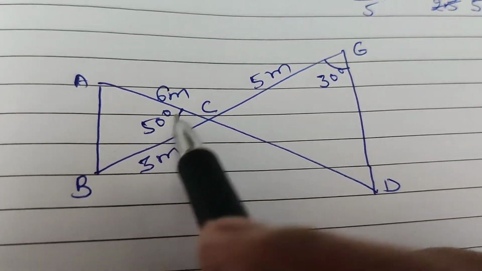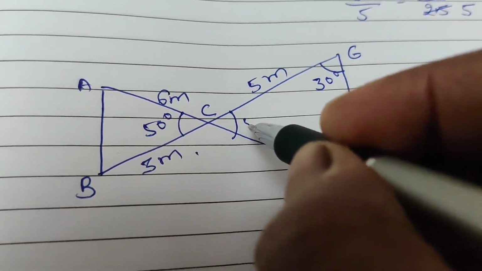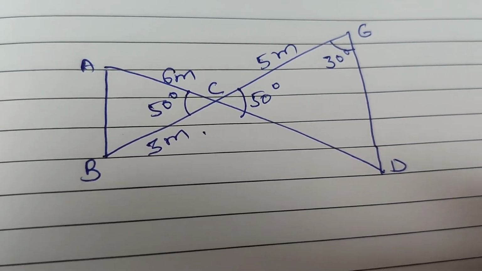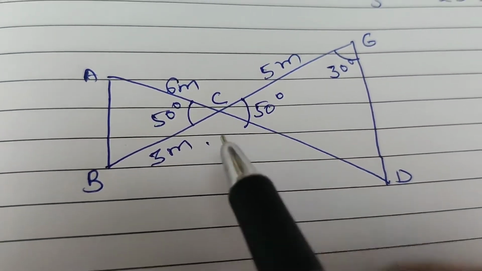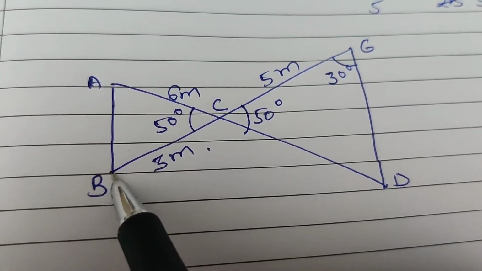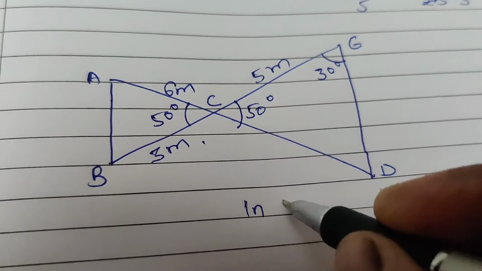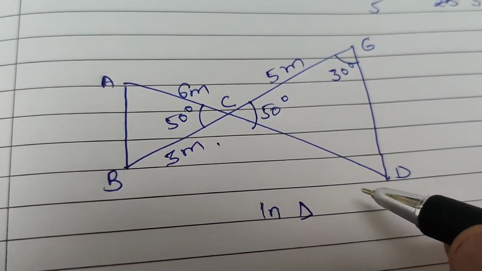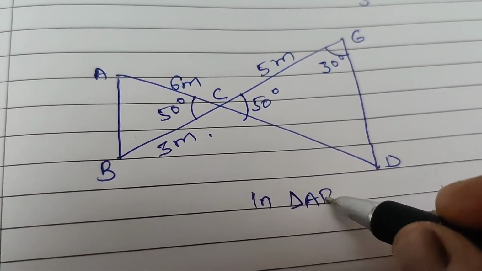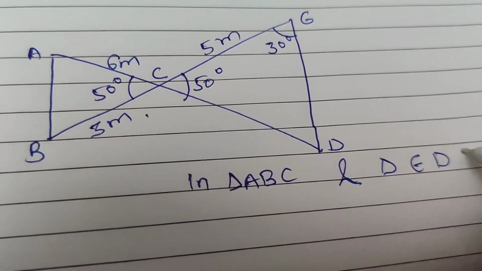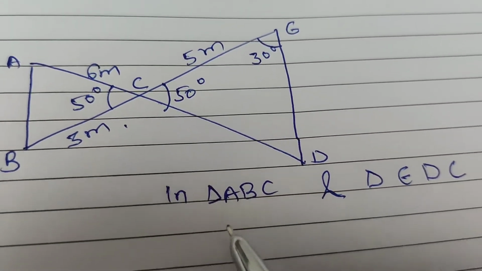The angle C is 50 degree. This one is also 50 degree, vertically opposite angles. Okay, now find the ratio of AC, comparing these two triangles, triangle ABC and triangle EDC.